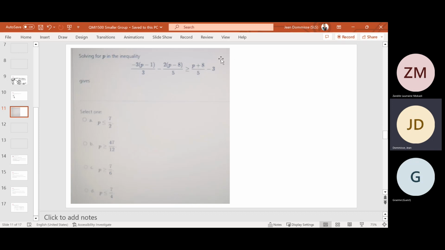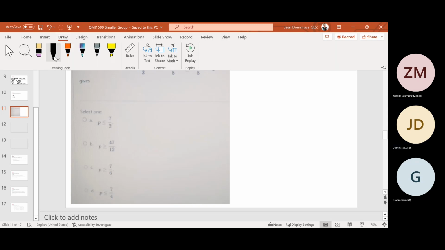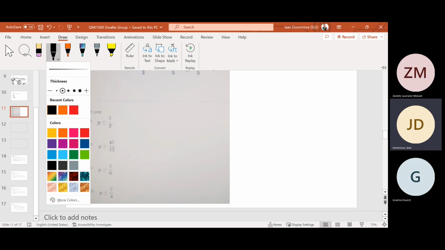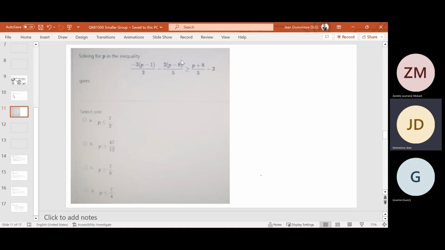The easiest for me would be to multiply it out by 15. So all four of them I will first multiply out, and then we can see how we can change the signs.